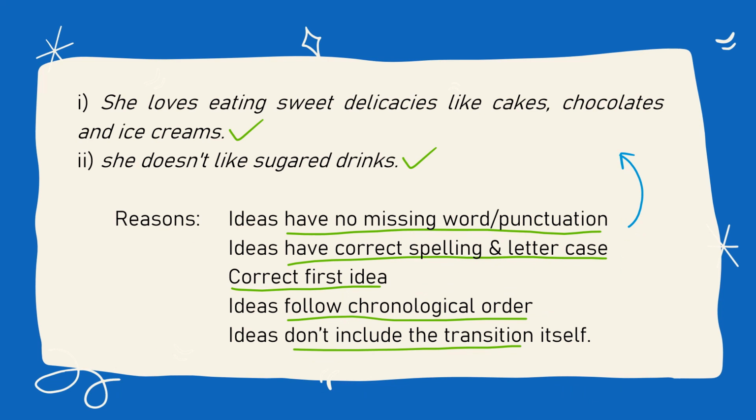So all the rules are adhered to. That's why it is regarded as a correct answer. So you need to adhere to these rules when identifying the correct answer for questions on transitions. It seems simple. It is theoretically simple, but what makes it complicated is that we become careless when we copy the words or the sentences from the reading text.